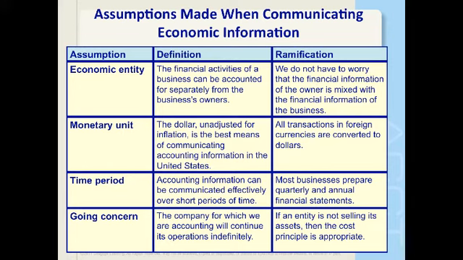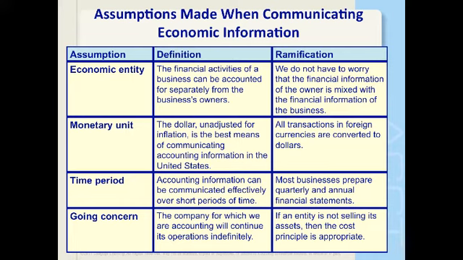Now, last but not least, sometimes it's difficult for students to understand this assumption. It's what we call the going concern. And frankly, what this means is when we look at a company for which we are doing the accounting, we assume that the operations of that company will go on indefinitely.